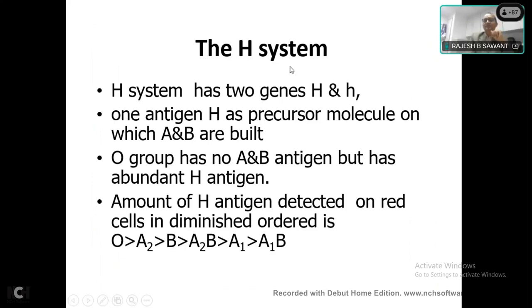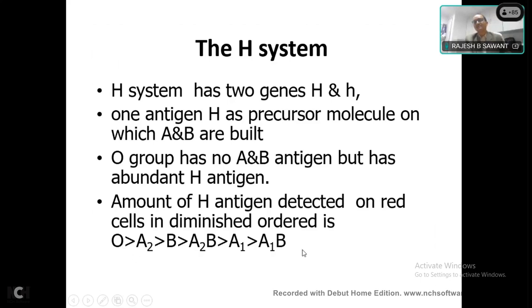So we've already talked about the H system. The most important thing to note over here is that the O group, which has no A and B antigens, has a lot of H antigen, H substance. So O has the highest amount of H substance, followed by A2, then B, then A2B, then A1 and A1B.